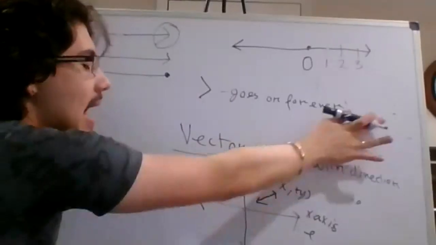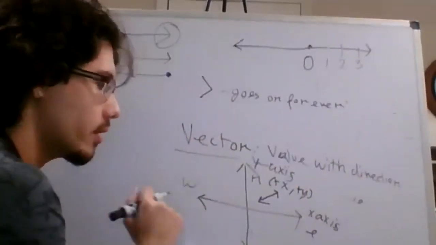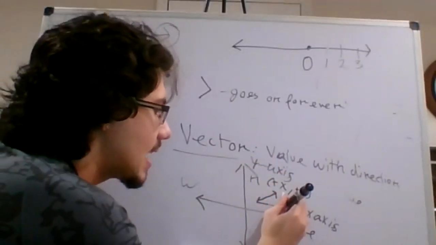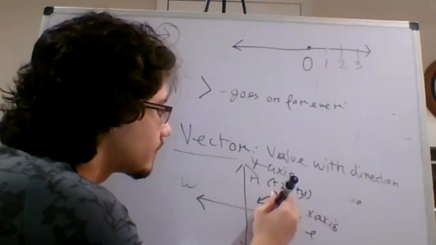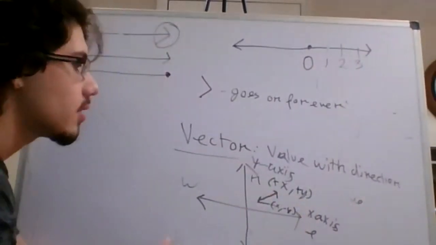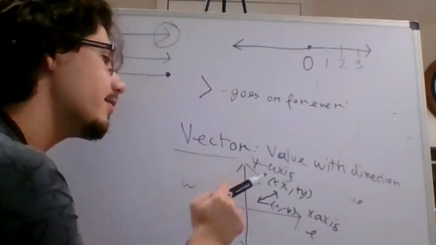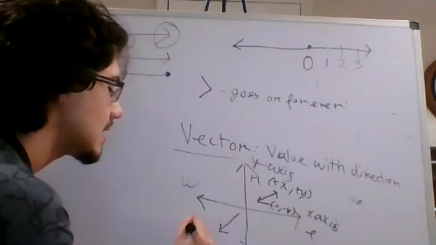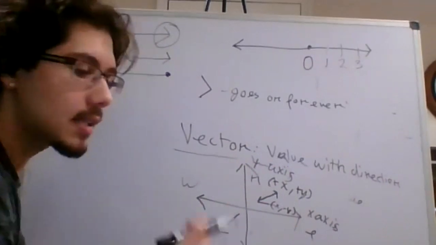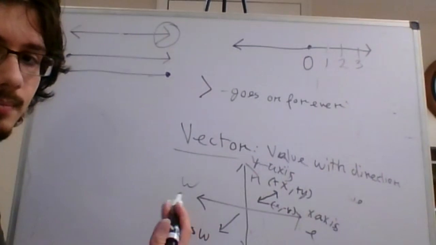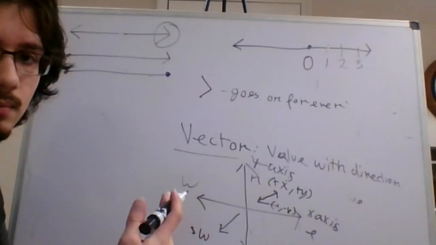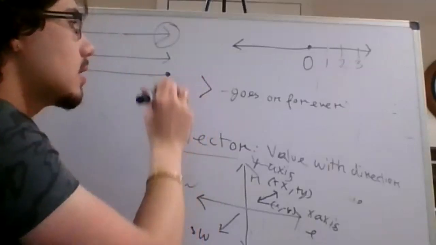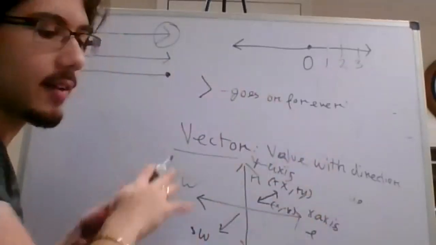So instead of going outwards, you're coming inwards from northeast. This means that you have a negative x speed and a negative y speed. That's what it means to have a vector. So if you are going negative speed in northeast, that means you're going positive speed in the southwest. Does this make sense to everyone? Yes, sir. Okay, so that's what it means for the arrows to say if it's positive or negative.